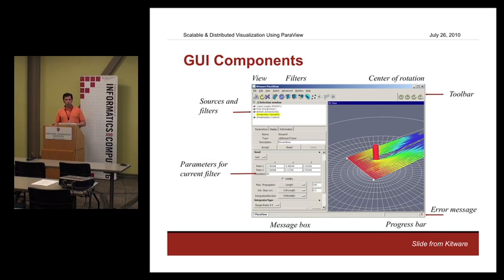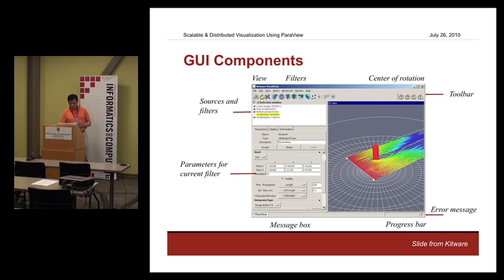So let's look at some of the GUI components that you have in Paraview. This is a slightly older screenshot that I have here, but you can actually bring up one or more render windows. It's not until the third version that you actually have more than one window open at a time, so that's actually really nice.